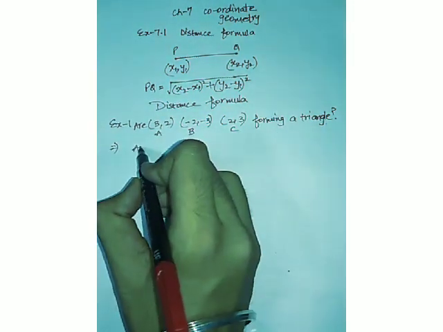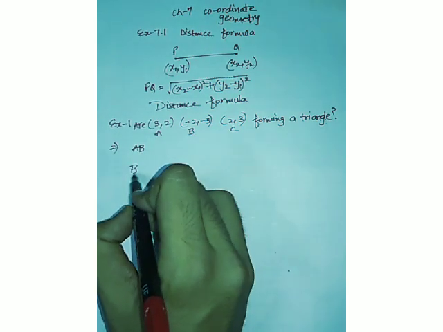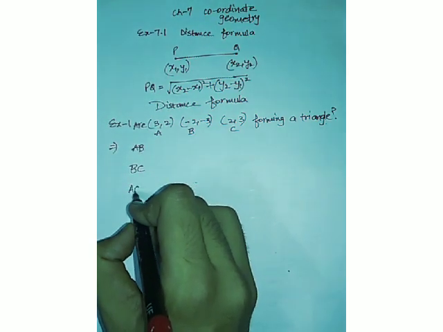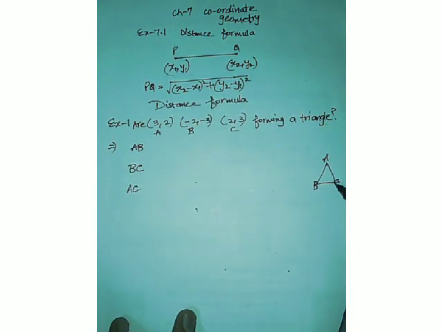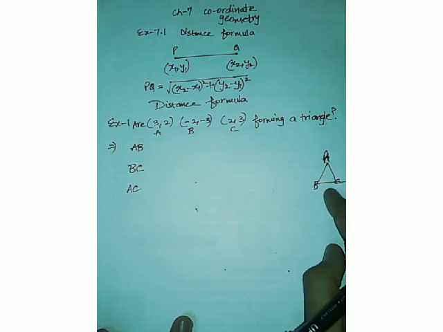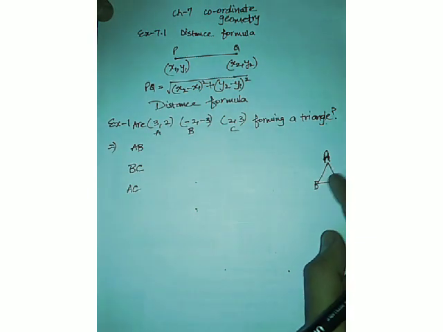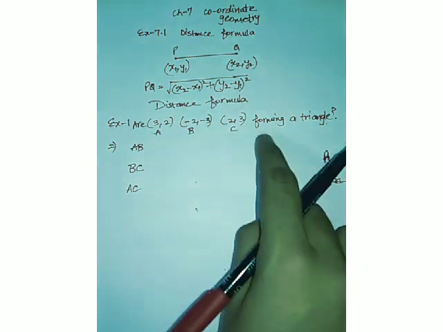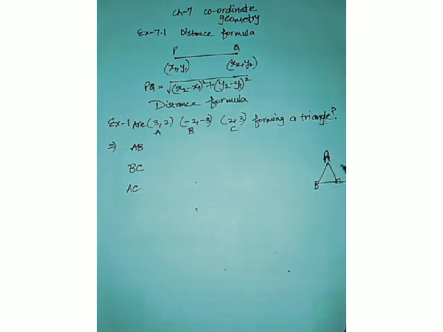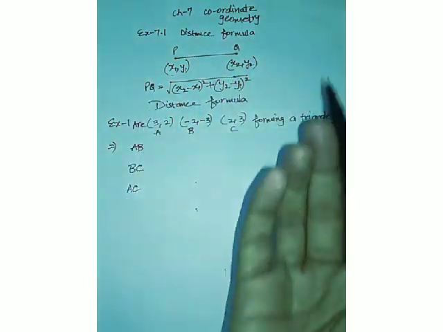Firstly we have to find AB, then BC, and then AC, of course, because if there is a triangle ABC and only 3 points are given, we have to find these distances. Then we will add any two distances, and if that sum is greater than the remaining distance, then these points are forming a triangle. All right, how will we find the distance? Using the distance formula, of course.